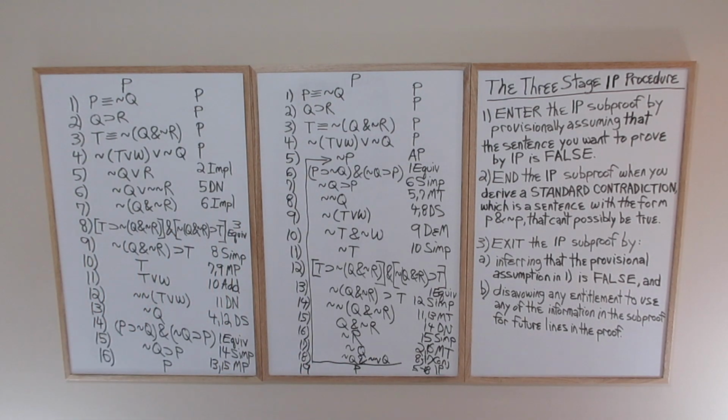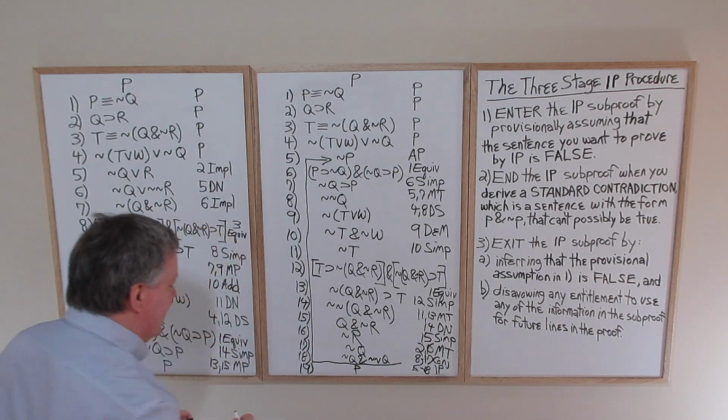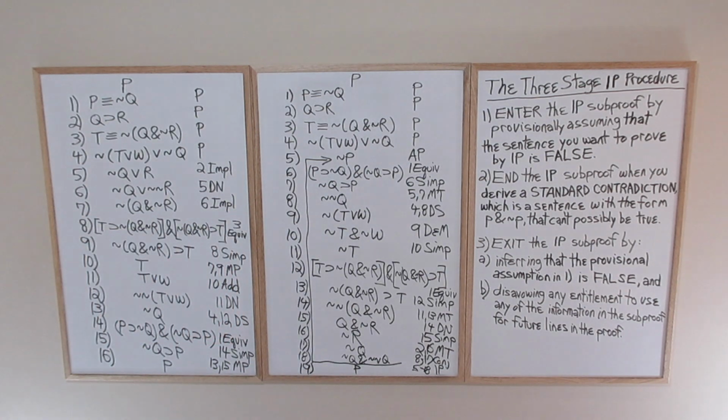This is hardly a simpler proof than the one over here. It ends up being 19 lines instead of 16. Good example of the concrete fact that even though with a proof like this, I would say it's more likely that doing a subproof is going to make the proof shorter and easier, there's no guarantee of this.